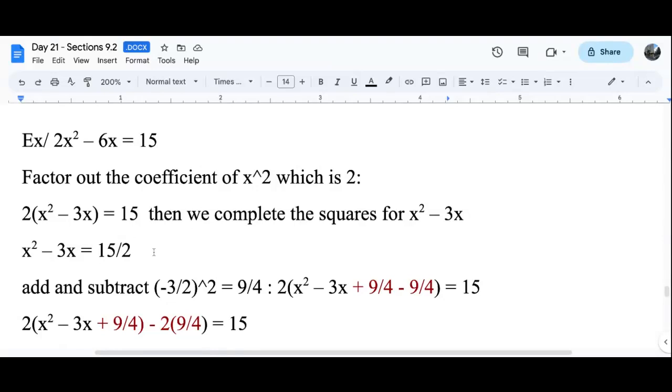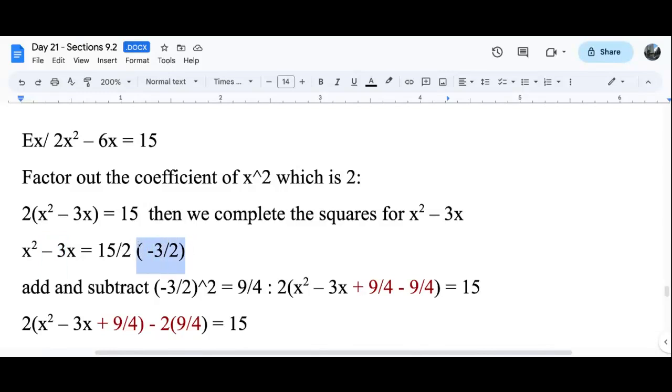Now, remember how we complete squares? We take the middle term and divide by 2. In ax squared plus bx plus c, leaving out c, the number before x is negative 3. We divide it by 2, so that's negative 3 over 2.